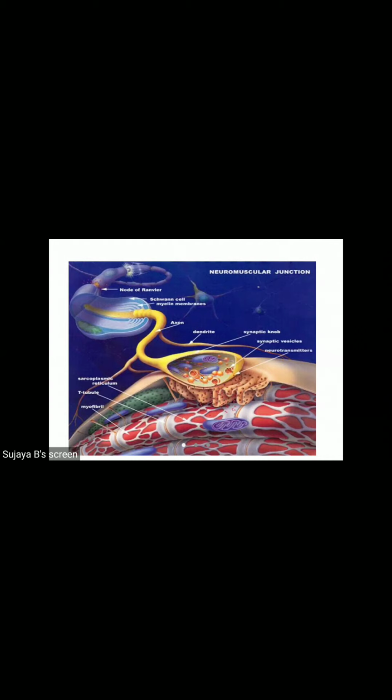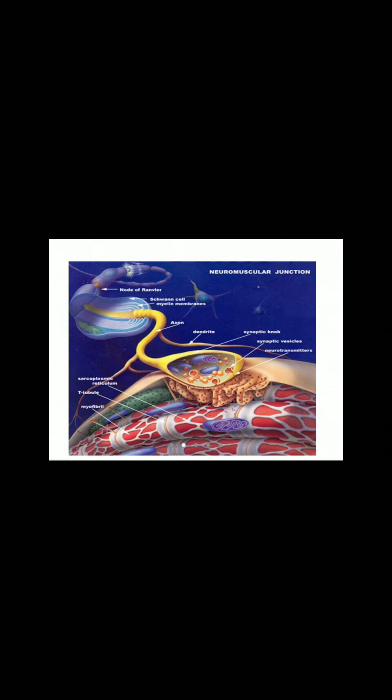You can see in this picture, they move close to the pre-junctional membrane. Only when calcium influx occurs will the vesicles filled with the neurotransmitter move close to the pre-junctional membrane. Okay, so there will be exocytosis of the neurotransmitter, and the neurotransmitter between the nerve and muscle is always acetylcholine.